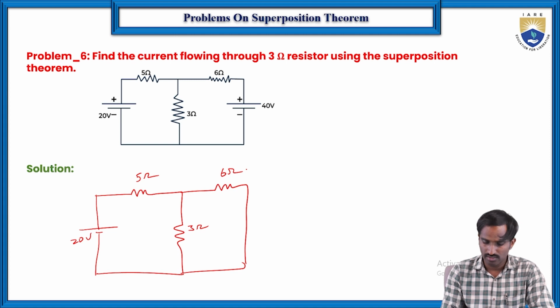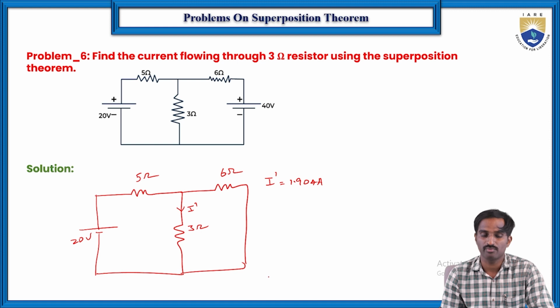Then you just apply the current division rule and you can directly get the current value. Let us find the current in the 3 ohm resistor, I dash. Applying any rule, you will get I dash as 1.904 amperes.